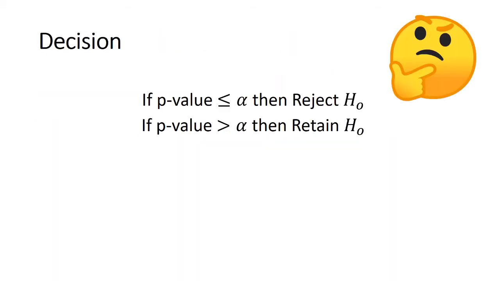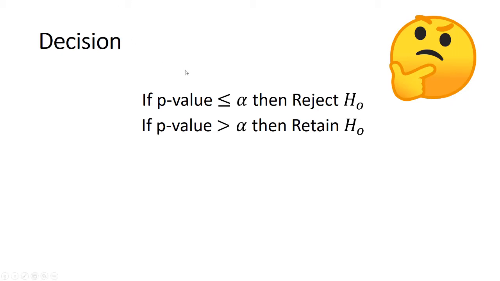So the decision comes down to this criteria. If the p-value is less than or equal to alpha, we reject the null. If the p-value is greater than alpha, we retain the null. It's a simple decision criteria that we use in statistics.